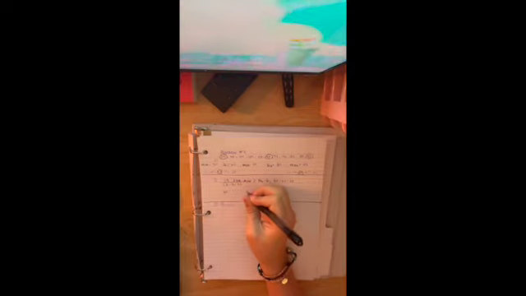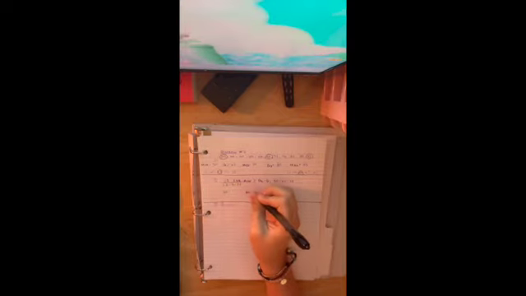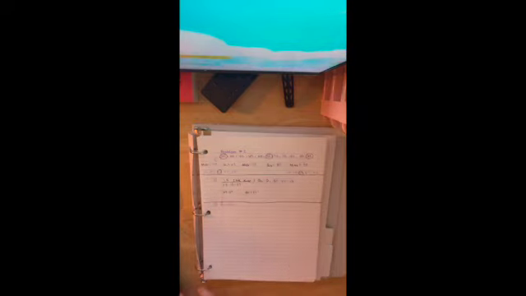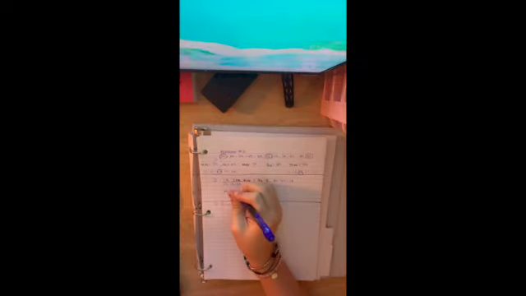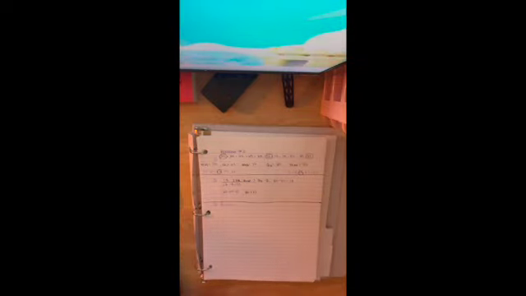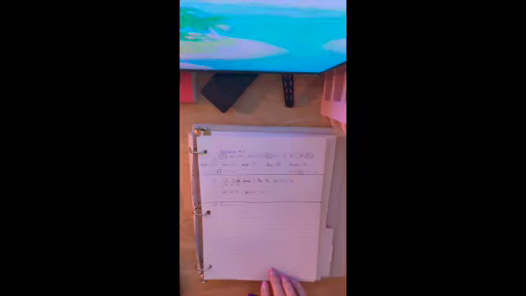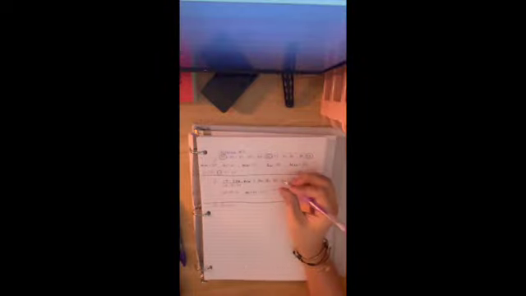We subtract 27 from the lower one and add 27 to the upper one. So 62 minus 27 is 35, and 80 plus 27 is 107. Perfect. And then all of the values lie between 35 and 107. So there are no outliers.